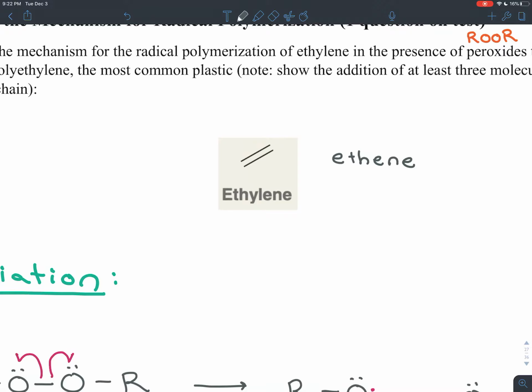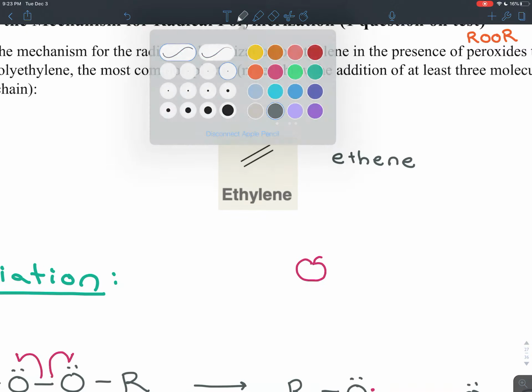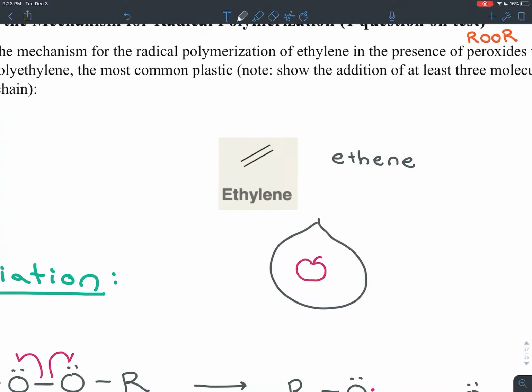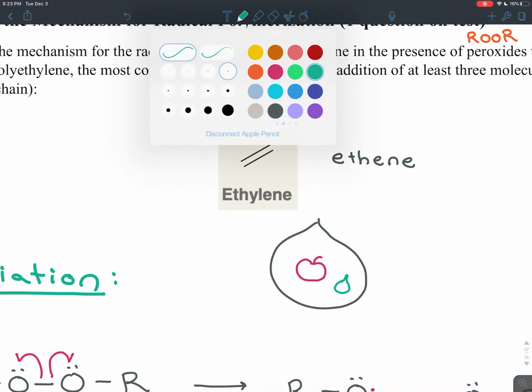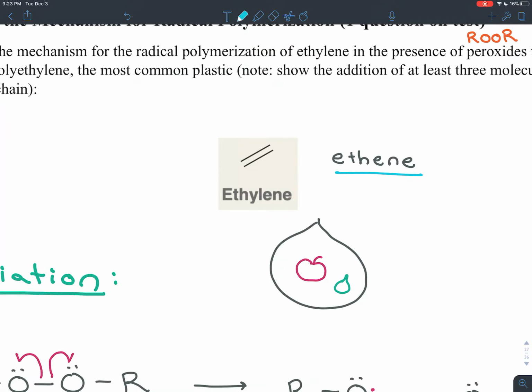That's also the reason why you can take a ripe fruit, like a ripe apple, and put it in a bag with an unripe fruit, say an avocado. The ripe fruit is constantly releasing this ethene gas. That's why it's ripe.